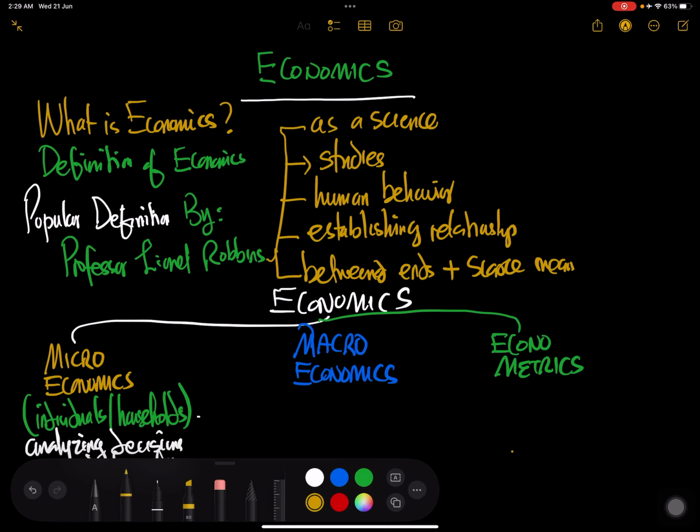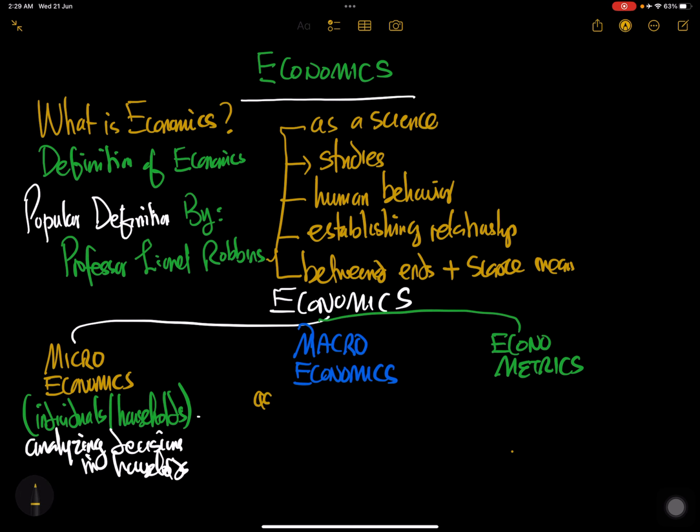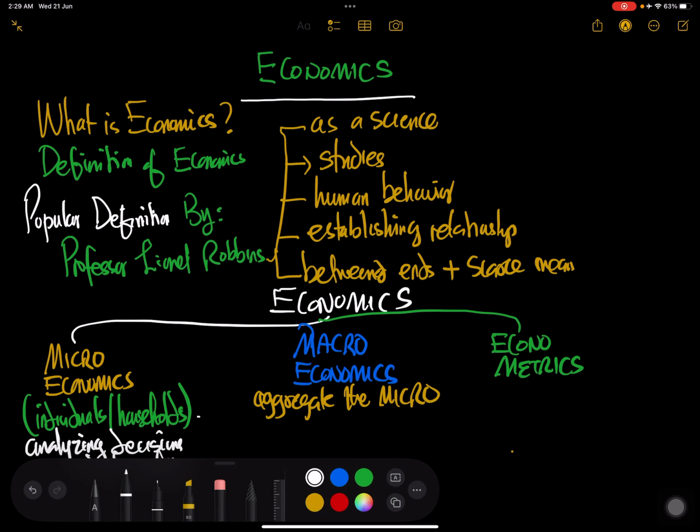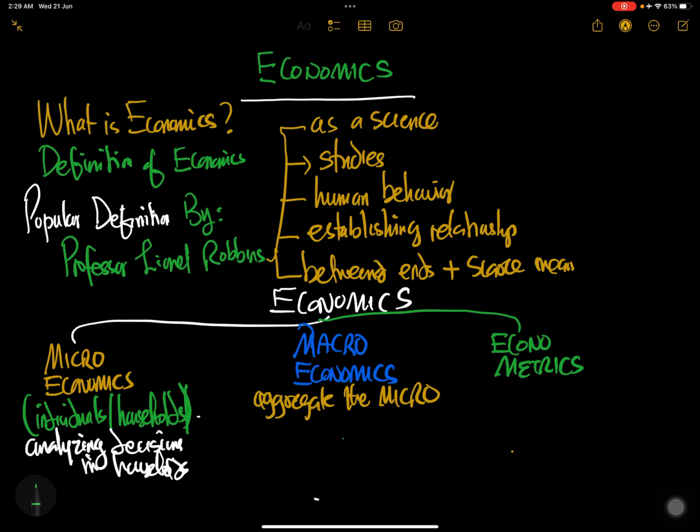I forgot to add the micro. We can also include businesses. It also includes businesses. So let's add businesses to it. Individuals, households, and businesses.